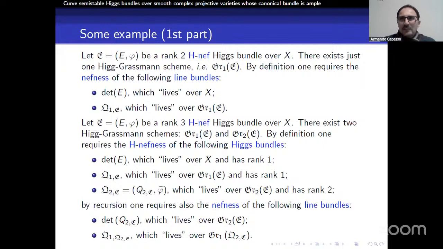At the beginning, this is not so easy to understand, but if one works with this definition, all becomes very, very clear. And this is the strong point, for this is the cornerstone of all the proofs for these particular Higgs bundles. Okay, this is the first part of the example.